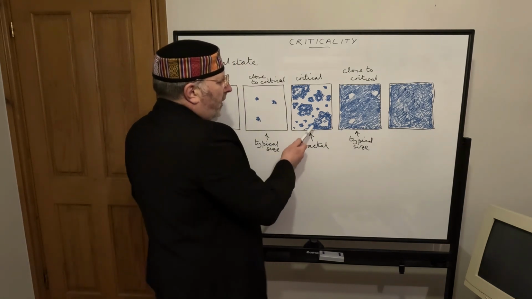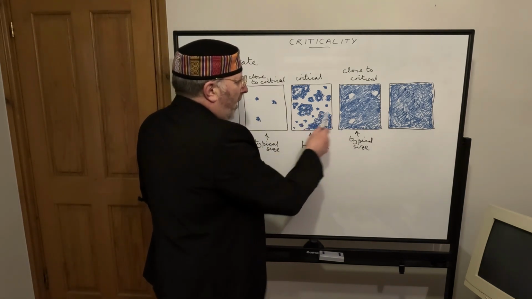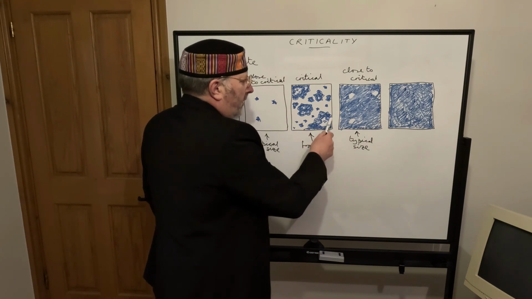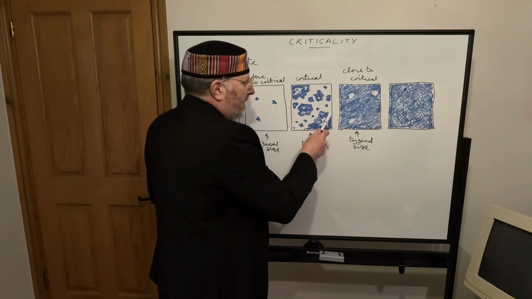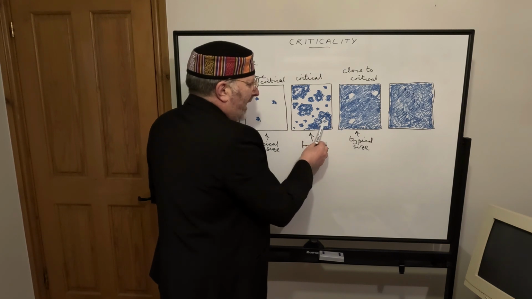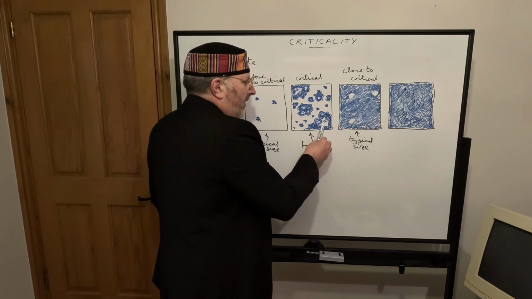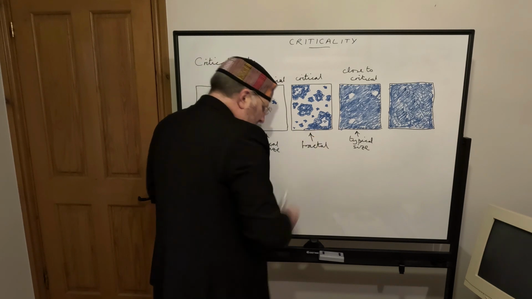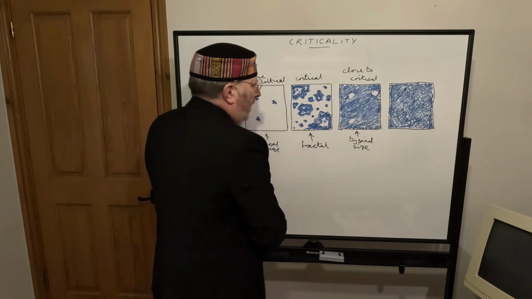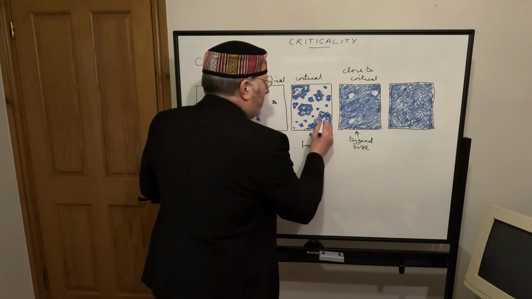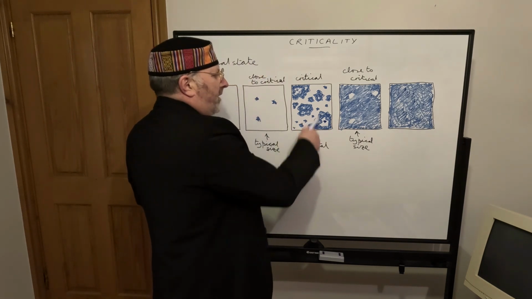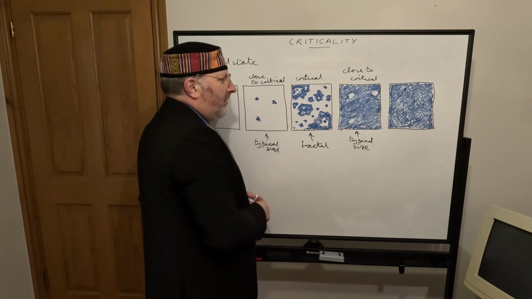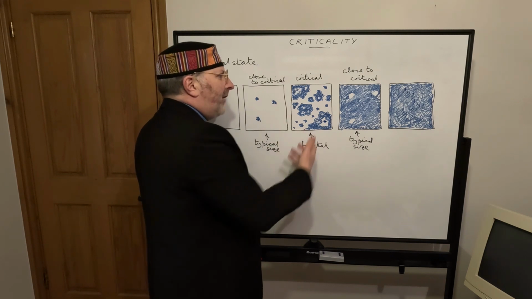So what I've tried to show here is that we've got ice, we've got water patches in the ice patches, and then within the water patches there are patches of ice, and then within the ice there are more water patches, and that can go on down to several levels. So it's like our Sierpinski gasket.